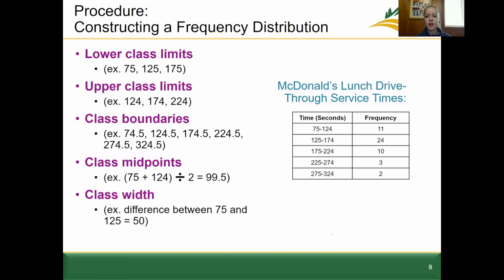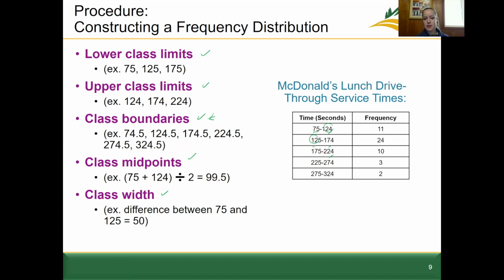Okay, here on this slide, I've summarized all of our main definitions for this example: lower class limits, upper class limits, class boundaries, class midpoints, and class width. The lower class limits we see here are 75, 125, etc. Upper class limits we see 124, 174, 224, etc. For the class boundaries, remember we either added or subtracted 0.5 to our lower and upper class limits to get our values.